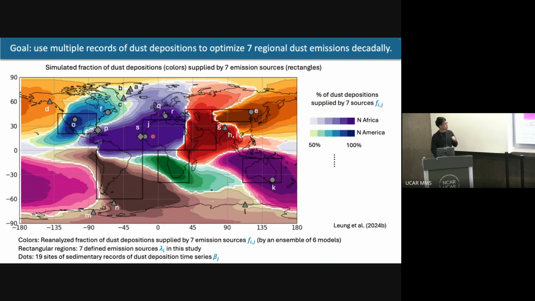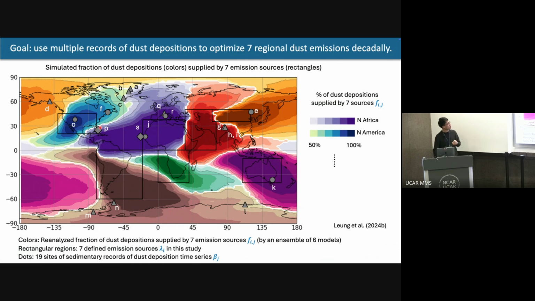You see, for example, over North Africa, there are several core sites located over those regions where the dust deposition is 100% supplied by dust emissions coming out of North Africa. And there are sites like the Ove sites that capture dust depositions supplied mostly by dust from the southwestern United States, and so on and so forth.